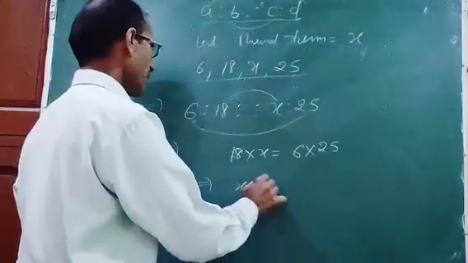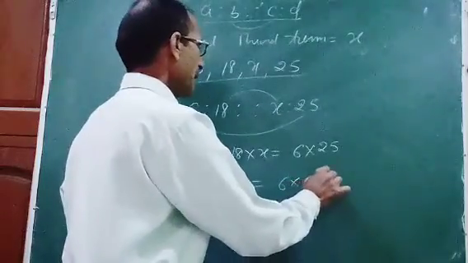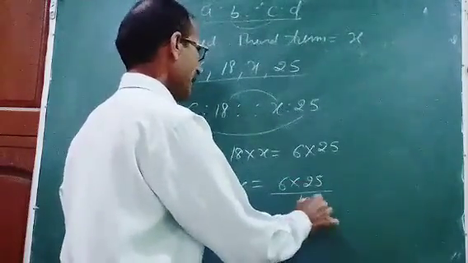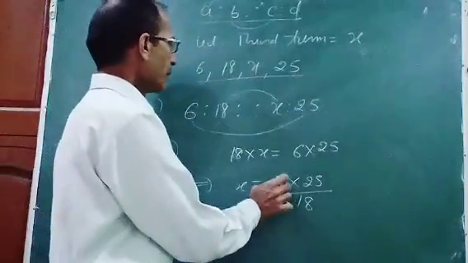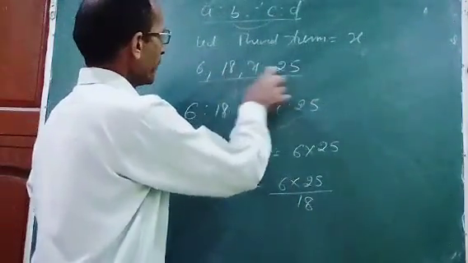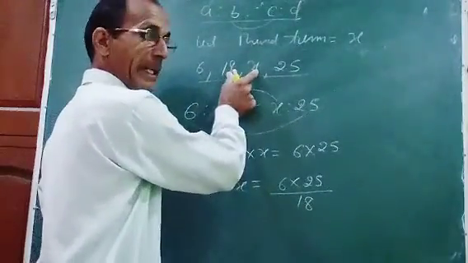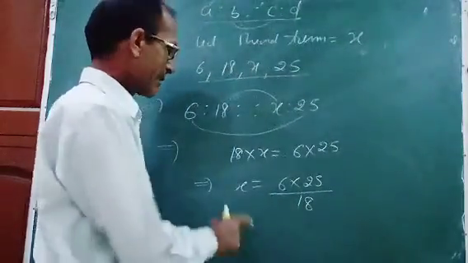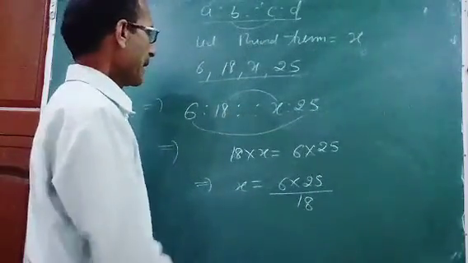X is equal to 6 multiplied by 25, divided by 18. The extreme terms are 6 and 25, and the means are 18 and x. So 18x is equal to 6 multiplied by 25.